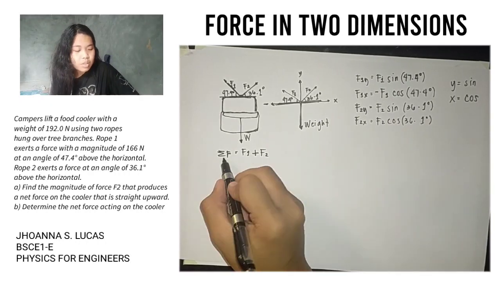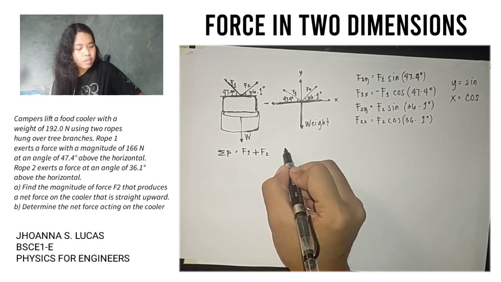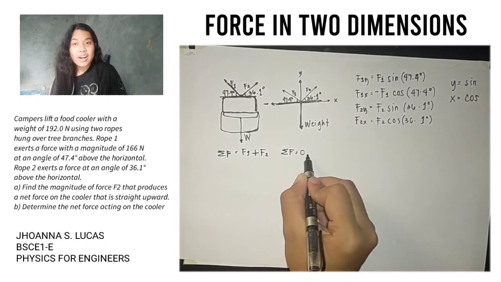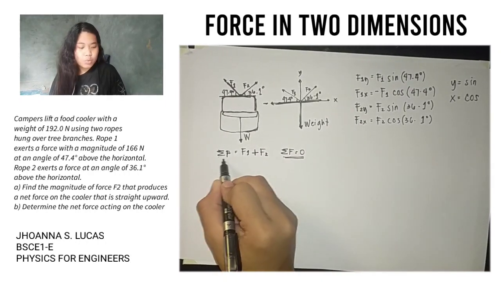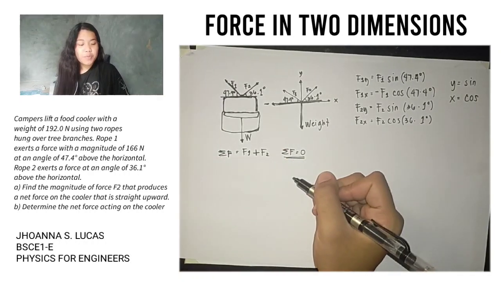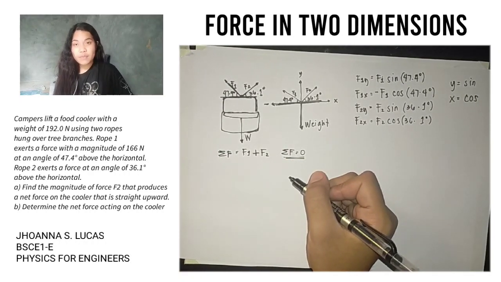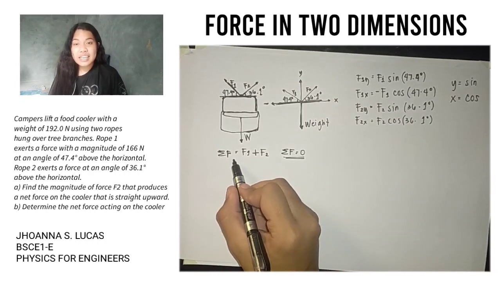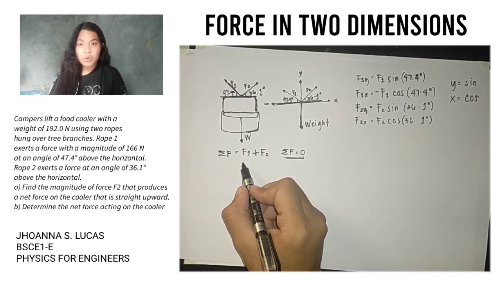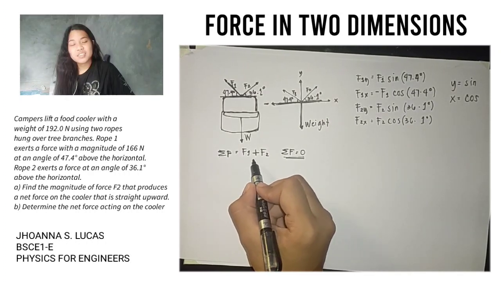Since the summation of F is equal to 0, we will use this equation to solve for the magnitude of F sub 2. For us to find F sub 2, we can use the formula for summation of F, where summation of F is all the forces in the problem. So we have two forces here, which are F sub 1 and F sub 2.